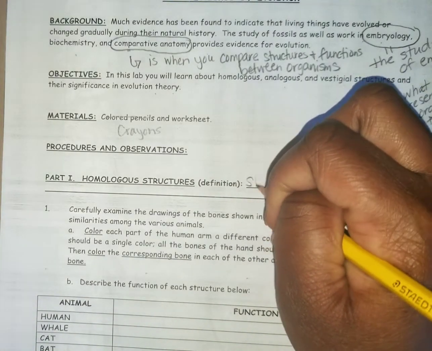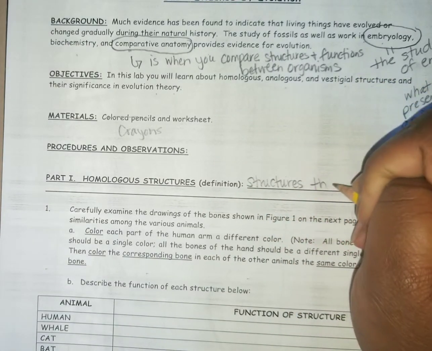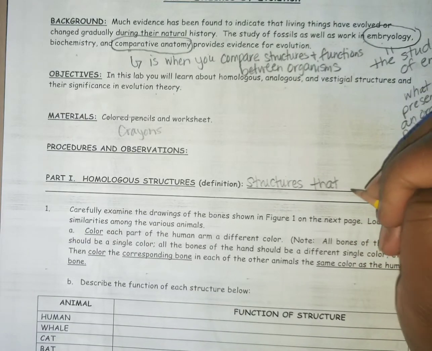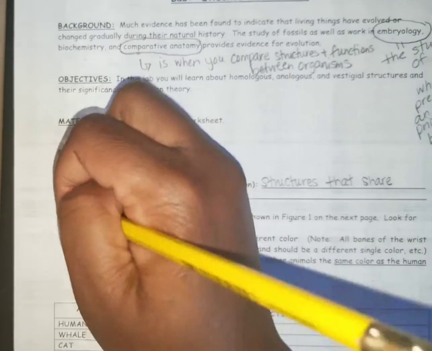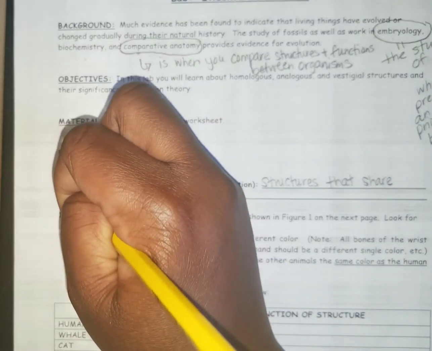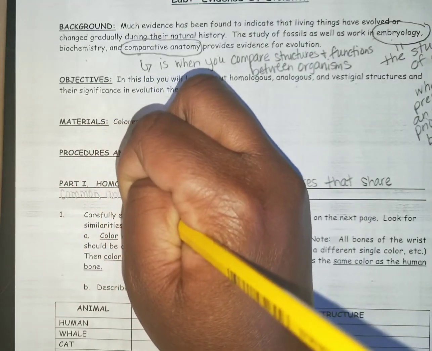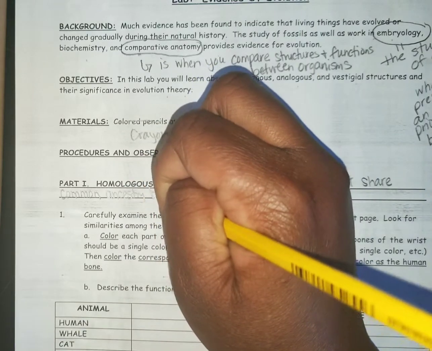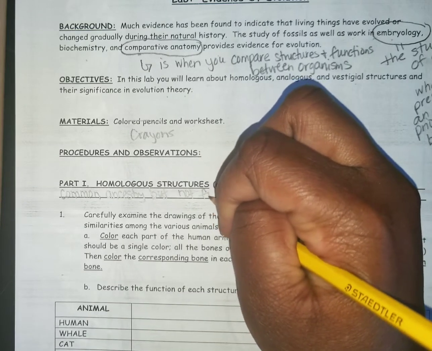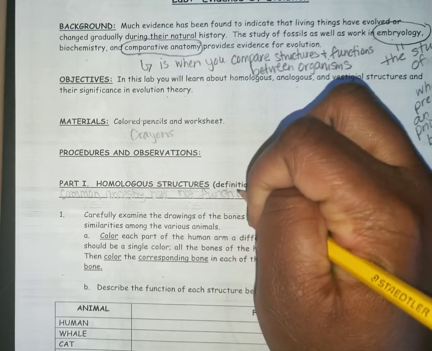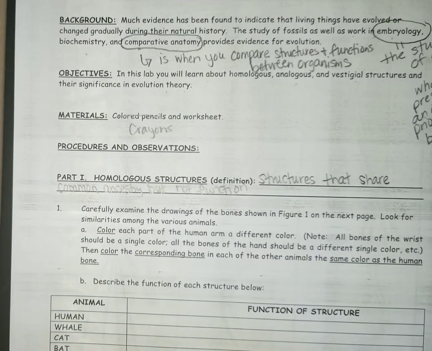Homologous structures are structures that share common ancestry, but not function. Okay? And we're going to talk about that in just a few minutes.